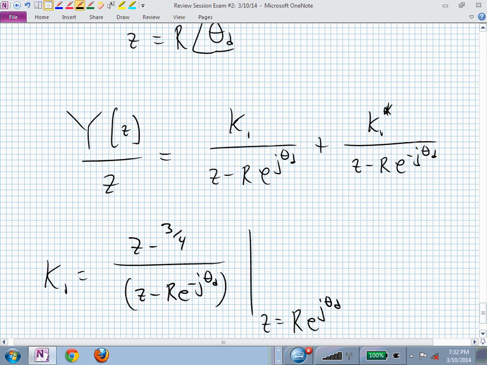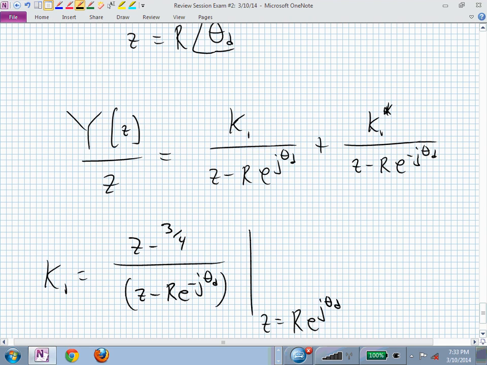Is that making sense? I'm just taking Y(z)/z, multiplying both sides by the factor associated with k1, and that will isolate k1, and now I evaluate it at that value of z that causes this denominator to vanish.